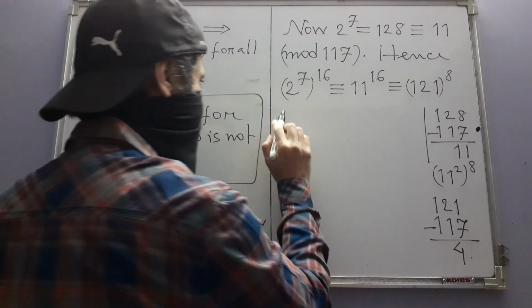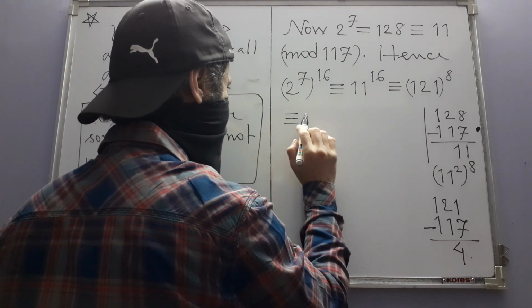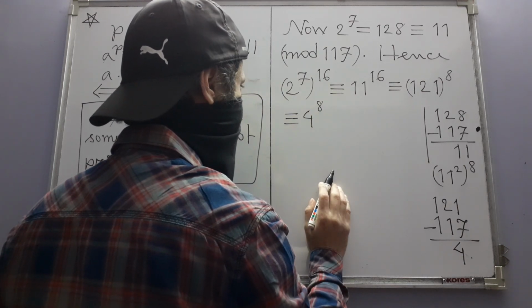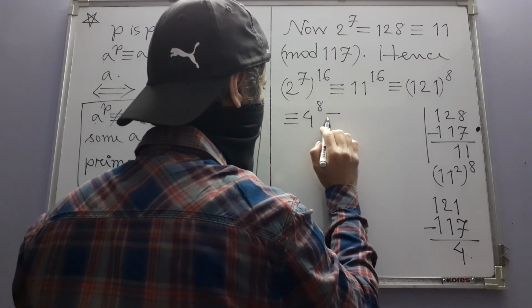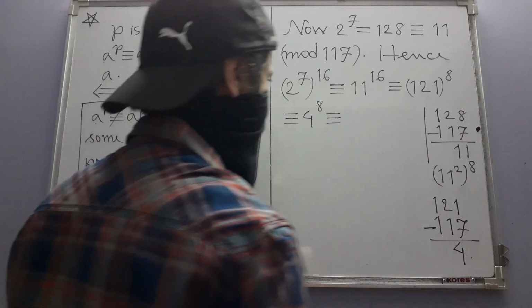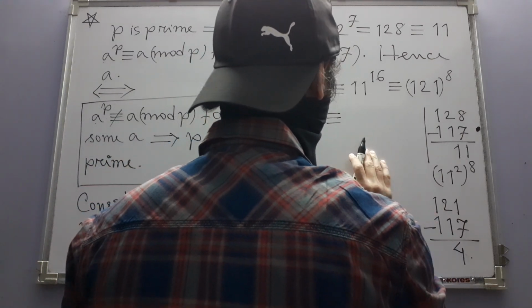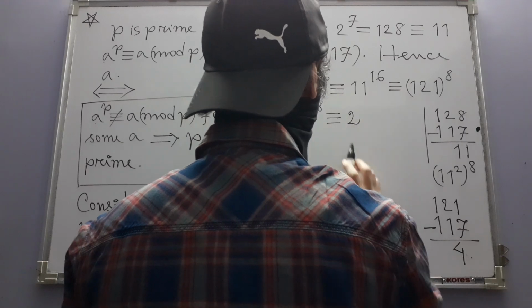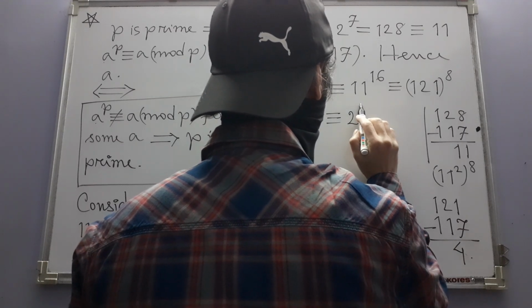That's why here you have a little simplification: 4 to the power 8. That means 2 to the power 16.